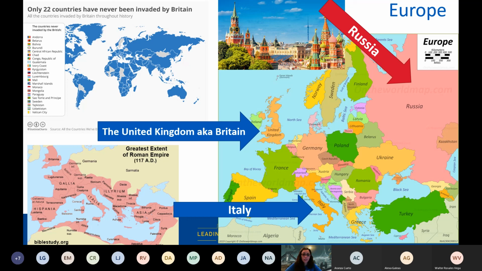Nothing about that island suggests that it should have been powerful. But if you look at the map on the top right, there are only 22 countries in the world that have never been invaded by that little tiny island. So a very powerful empire, the first place to industrialize, which led to another very powerful empire for that little tiny island in the North Sea.